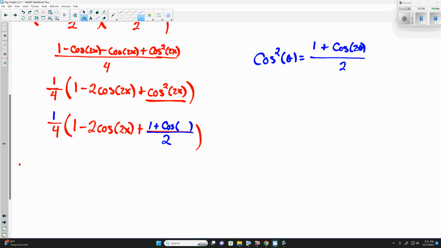Because when we started this, we said sine to the 4th gave us 1 minus cosine of 2x, yes? The original variable inside the parentheses was just x, yes? What is it this time? 2x. So our theta in the standard equation is now 2x. In the formula, it goes from theta to 2 theta. So we're going from now 2x to 2 times 2x, which is 4x.